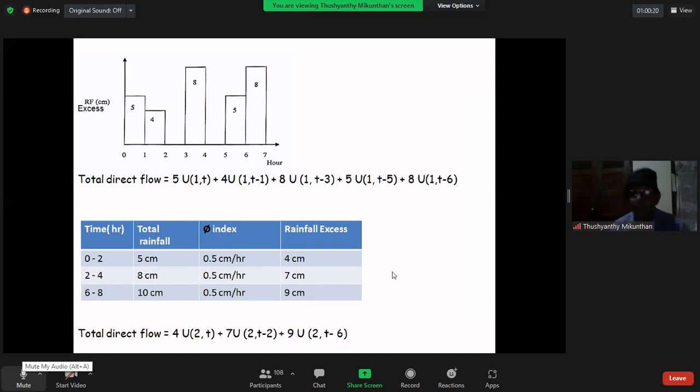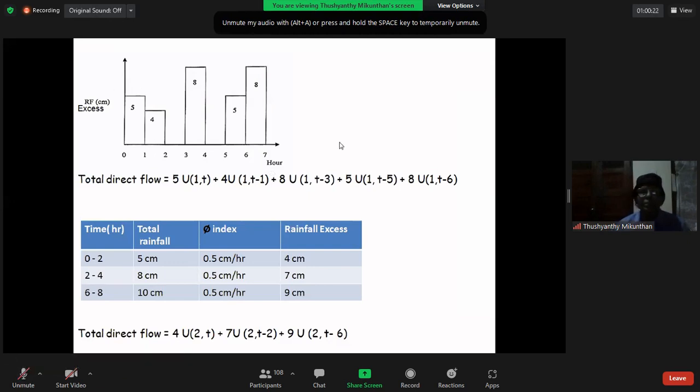Okay, thank you. Here this is the rainfall chart given to you. Directly they gave the rainfall excess. But in the other question, total rainfall is given, so you have to calculate rainfall excess.